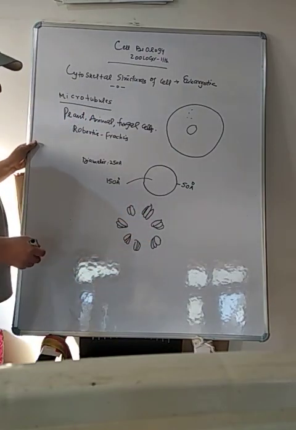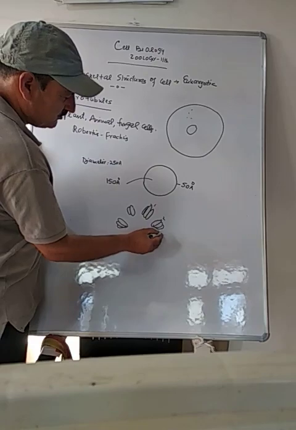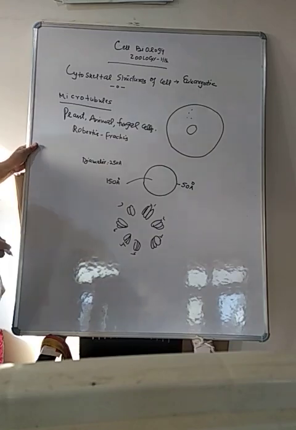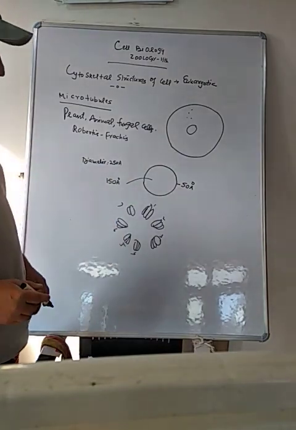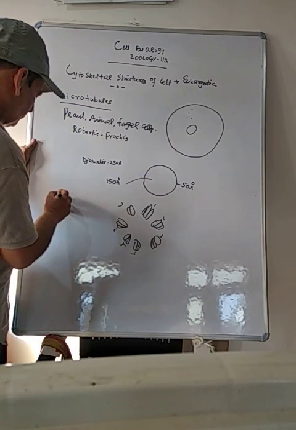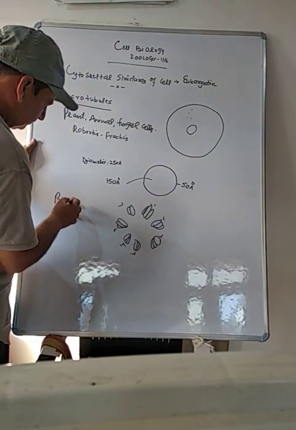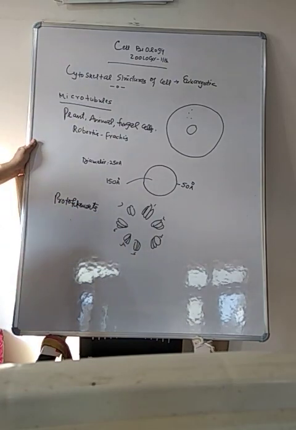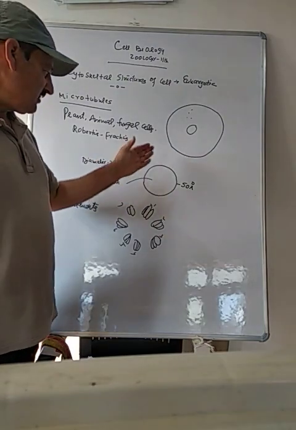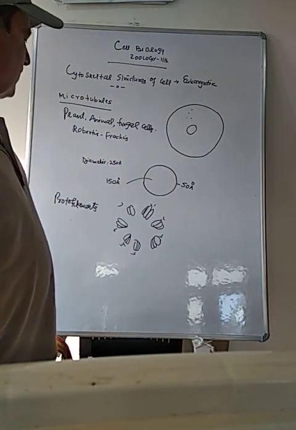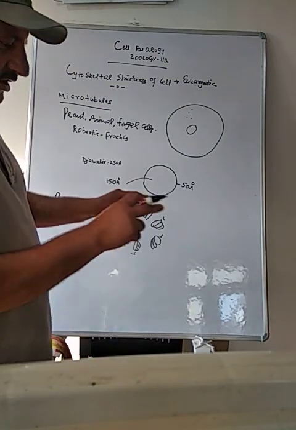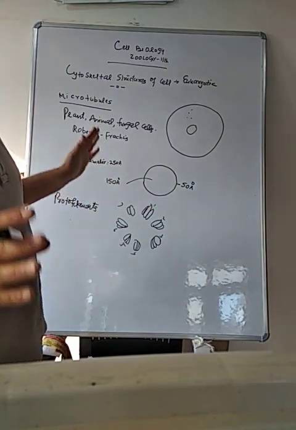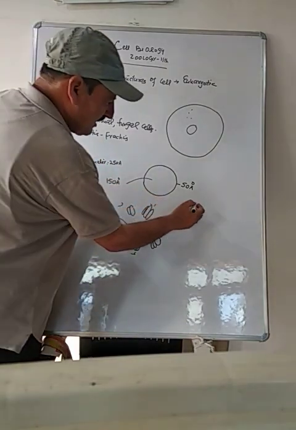And you have to draw 13 such. I have drawn 1, 2, 3, 4, 5, 6, 7, but we have to draw 13 such rod-like, filament-like structures, which are called protofilaments. So, the membrane of the microtubule is actually formed of 13 protofilaments arranged in the form of a ring. That means you take 13 small matchsticks.